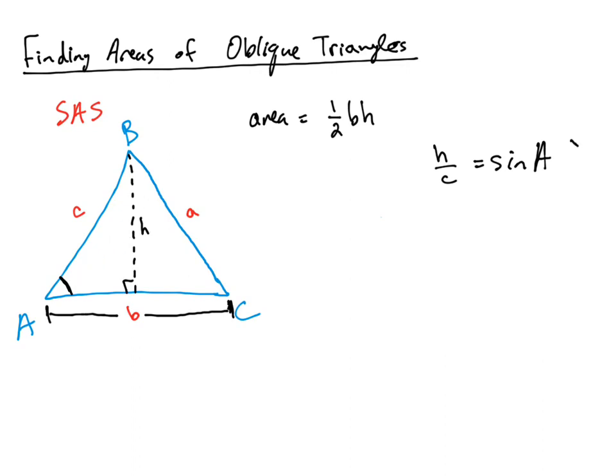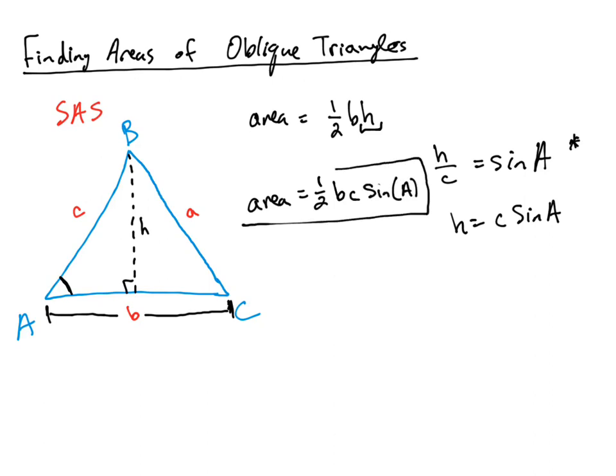If I solve for H, we get C times sine of A. So I can substitute that in right here for H. So the area of this triangle is going to be 1/2 the base times C sine of angle A. So that's a formula we can use.